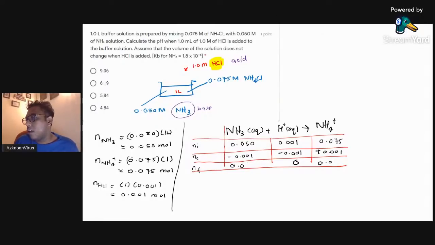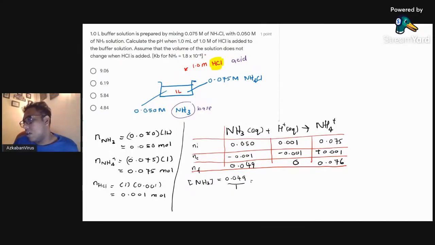Tolak. Nah. And from here, dia kata volume tak berubah kan? V is equal to, molarity, mole of solute bagi volume.